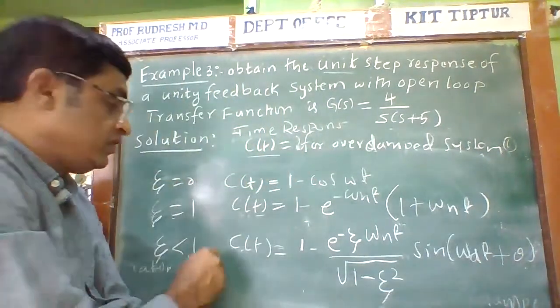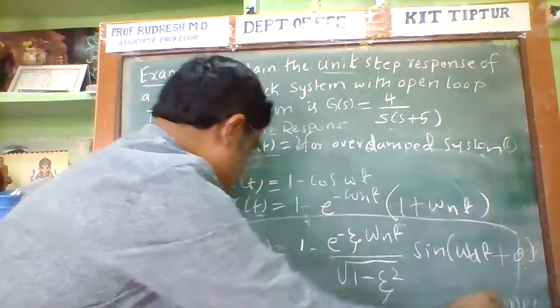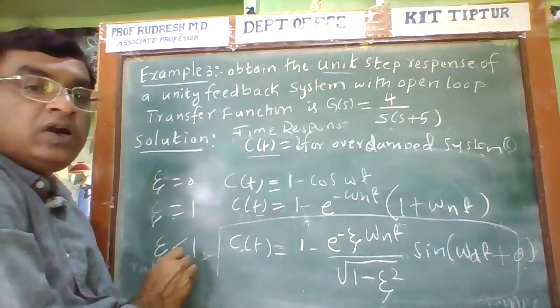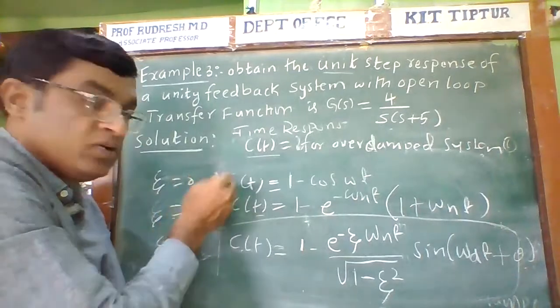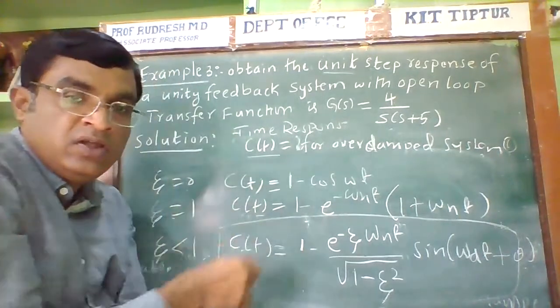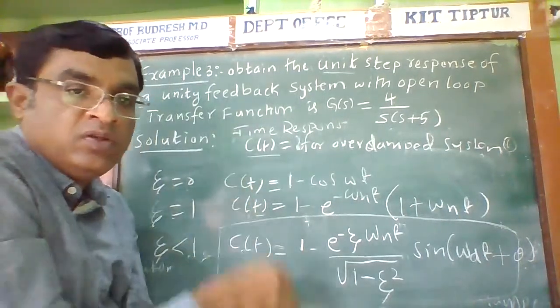This is C of t for the underdamped system, zeta less than 1. Zeta equal to 1 is critically damped, and zeta equal to 0 is undamped. We should know these four expressions.